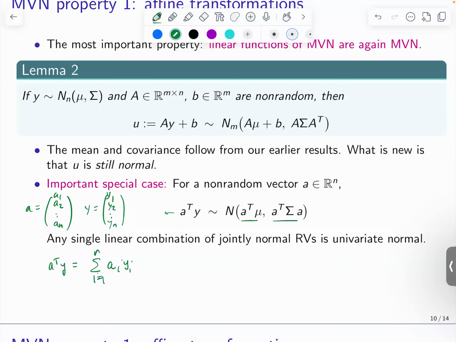So this is saying that a general linear combination of the elements of a multivariate normal random vector is a normal random variable with the appropriate mean and variance. The linearity of the mean should be obvious, and then the normality follows from this result. Sometimes they call these random variables jointly normal, which means that the vector has a multivariate normal distribution.